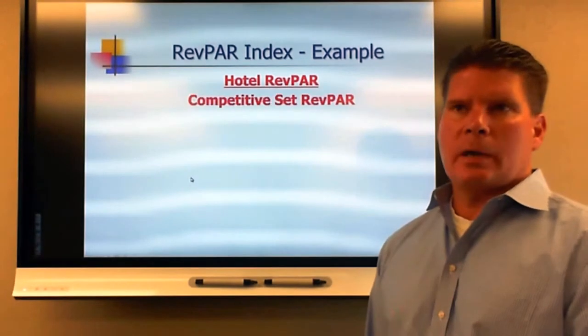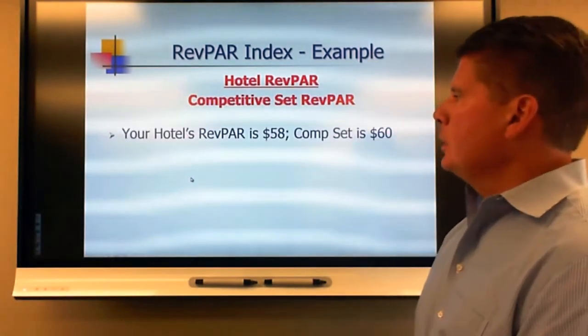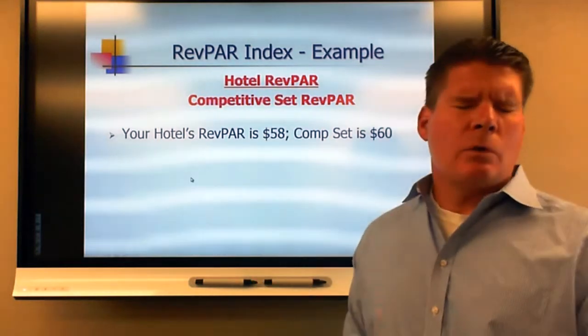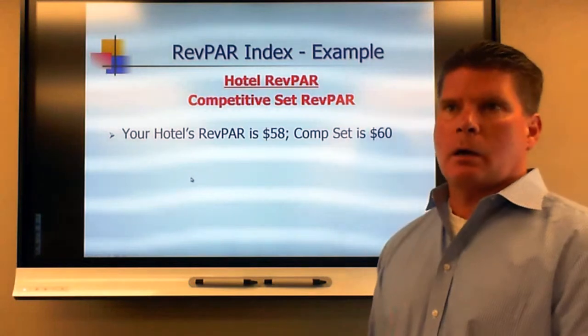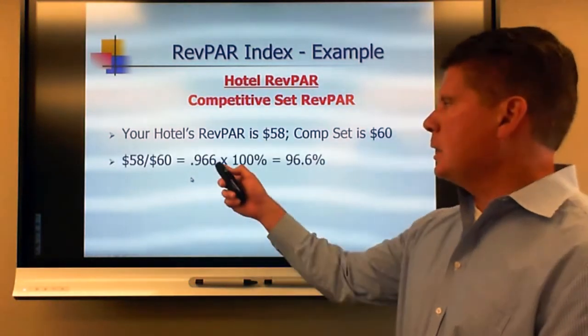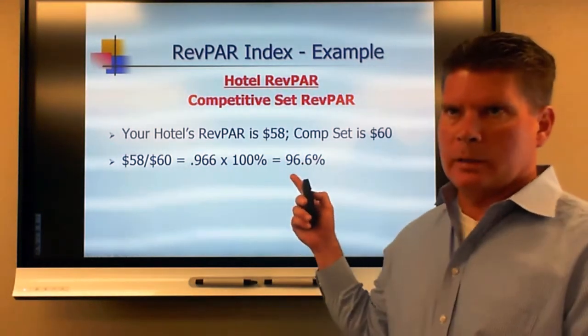So a quick example of how to calculate RevPAR index, pretty simple. If your revenue per available room is $58 and your comp set is 60, right now you know that you're not doing as well as they are because it's less. But $2 makes a big difference when you calculate it out. So you have a 96.6% RevPAR index.